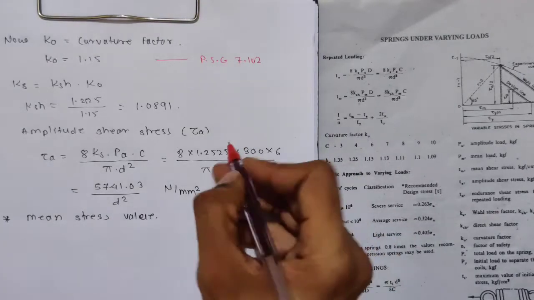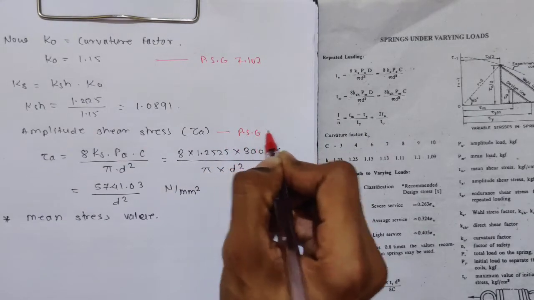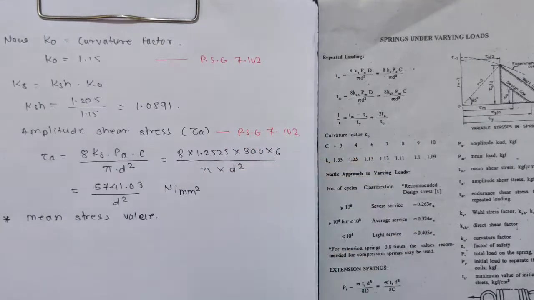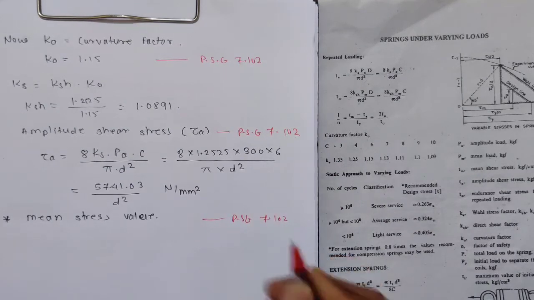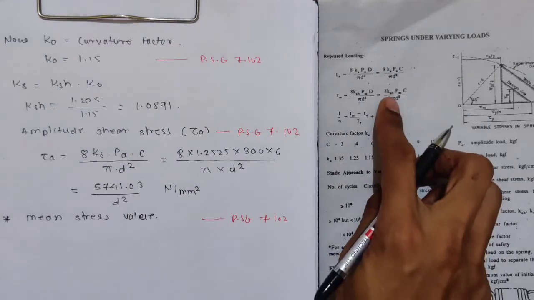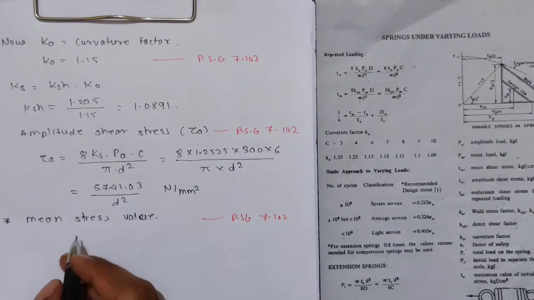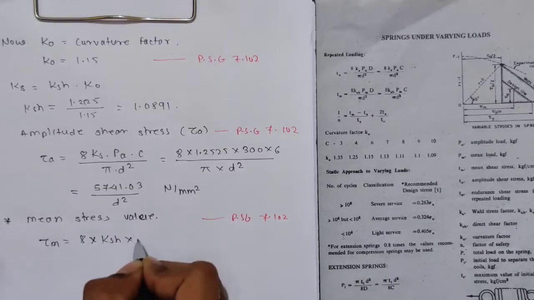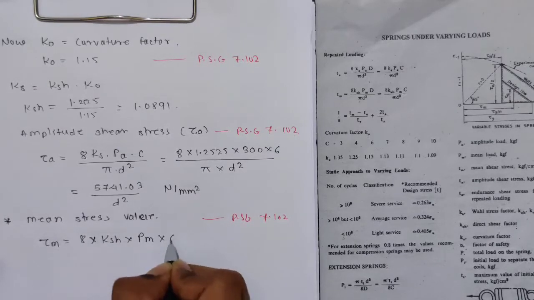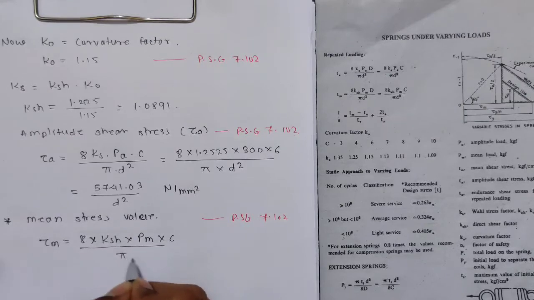Here mention the PSG page number, PSG 7.102, here also it is PSG 7.102, so taking the formula from PSG. So the mean stress value tau m is equal to, again the same formula, only difference is here it is KSH and here it is P mean into C upon pi d square.